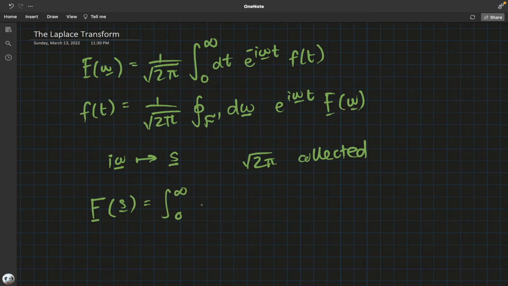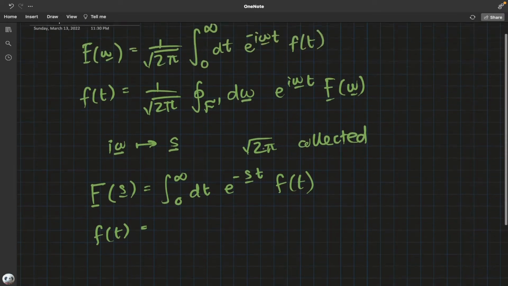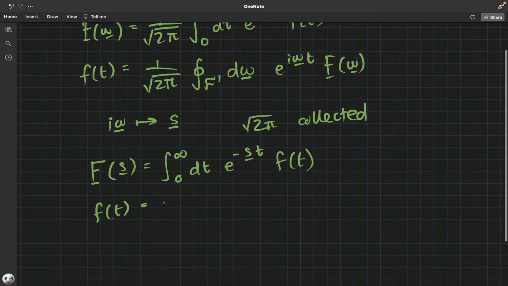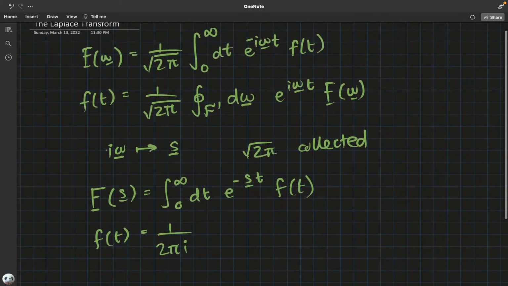Integral from 0 to infinity dt, it's still a function of t, e to the minus st. This is a little modification to make your life easier. f of t, now we've collected the 1 over square root 2 pi, so we have two of them, so we have 1 over 2 pi, and we are also going to write an i here because of this transformation.